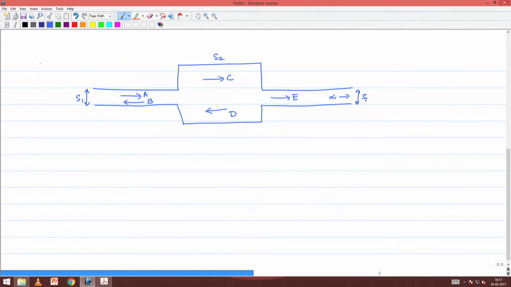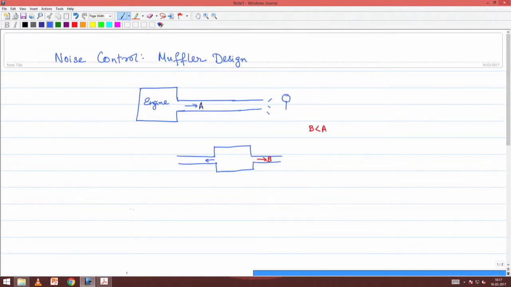Okay. So, this is our muffler configuration. We will contrast this, the exhaust with muffler, and for our reference we will compare this picture with exhaust without muffler.